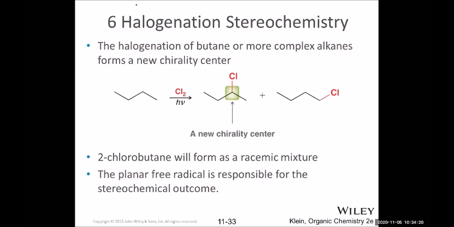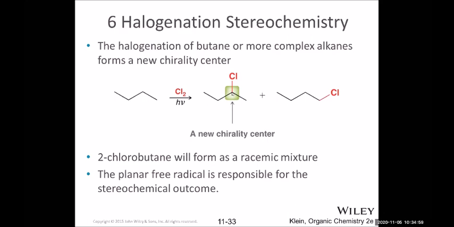Yeah. So that's the reaction. The reaction can form a chiral center when mono-halogenation takes place, meaning that among all the hydrogens in this alkane, only one hydrogen is replaced by the halogen. This is monobromination of butane or even more complex alkanes. For example here, if the reaction happens here, this will be the major product because it is a secondary radical.